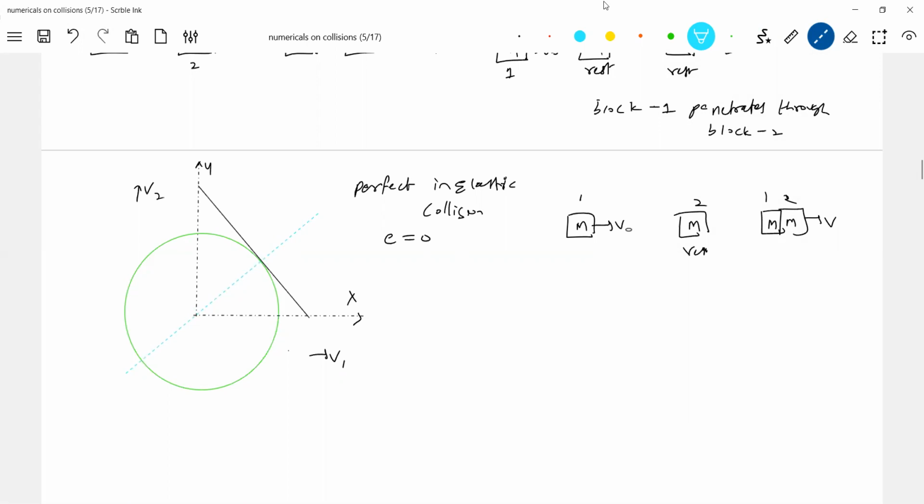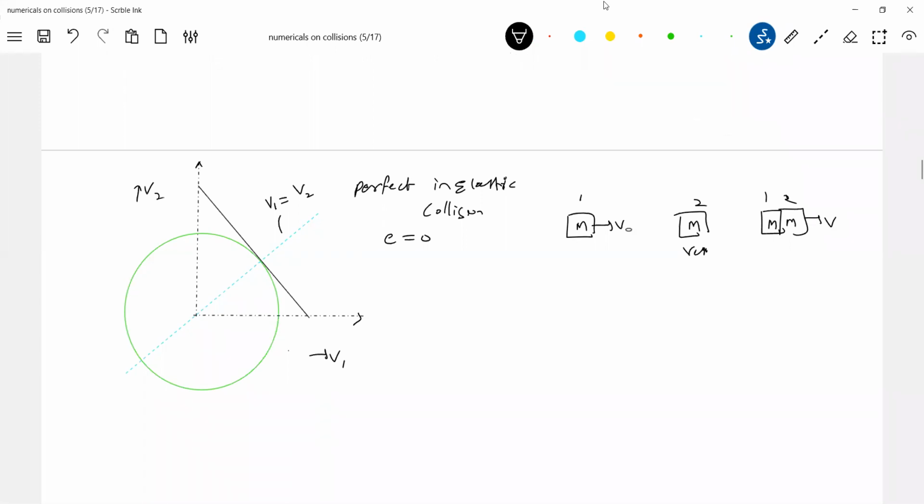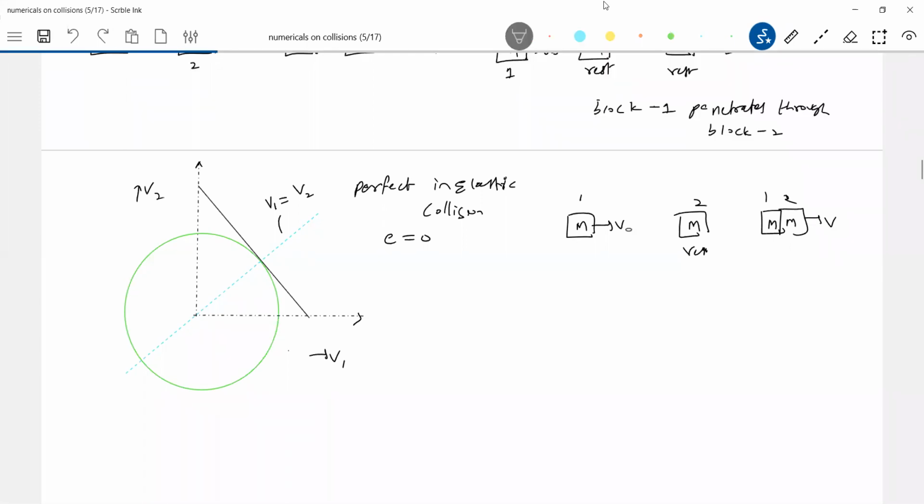Now you see this, y and x. I'll remove it. Now shall I call this as v1 equal to v2? For perfect inelastic collision, what will happen? Both should have common velocity, no?